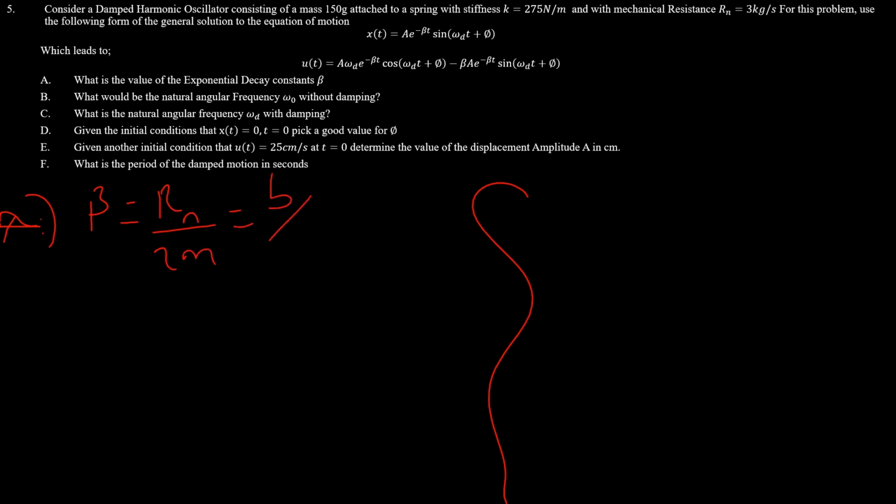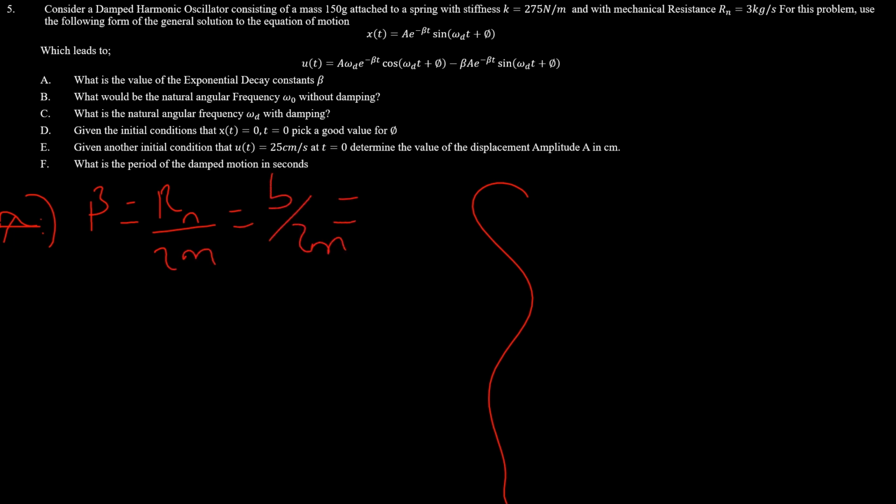Let's solve. We can solve this, it's a very simple question, by starting with question A. From question A, the exponential decay constant beta is equal to rho(n) all over 2m, which is the same thing as b over 2m.